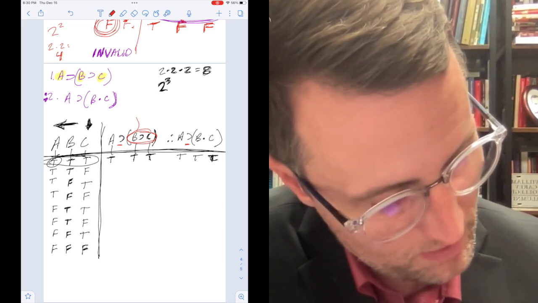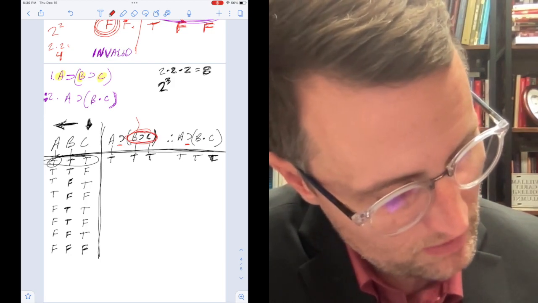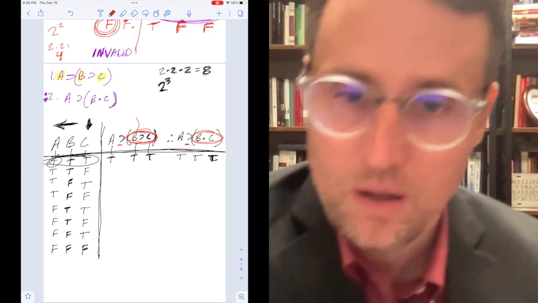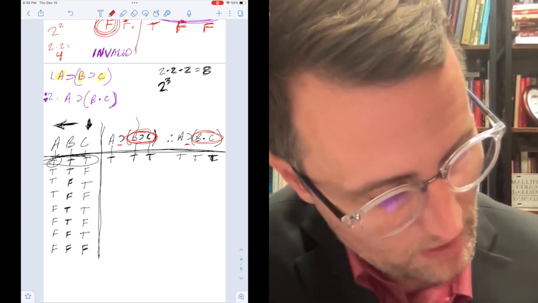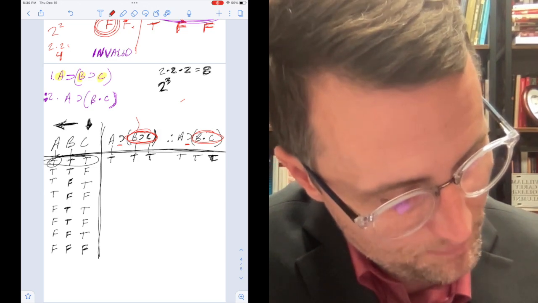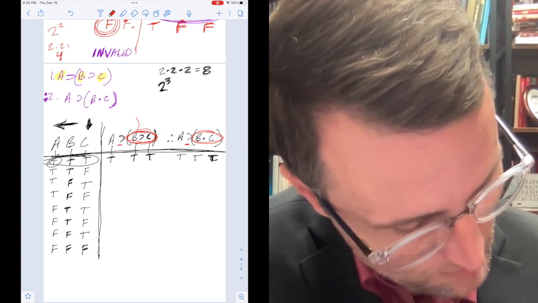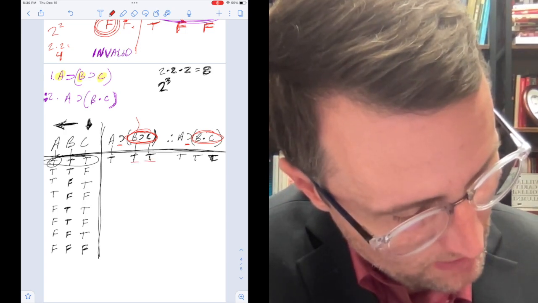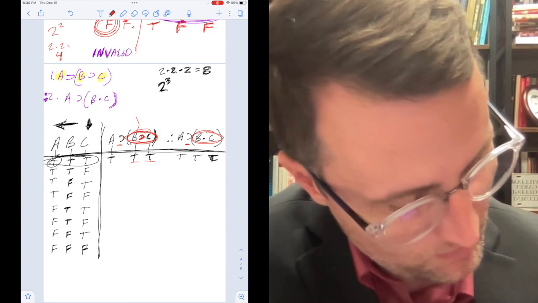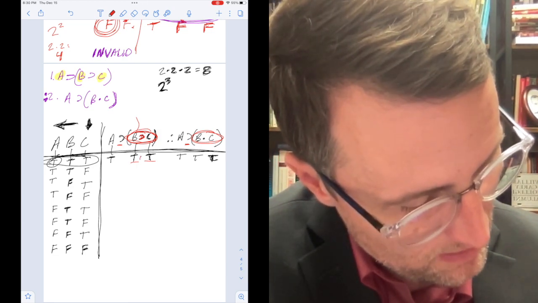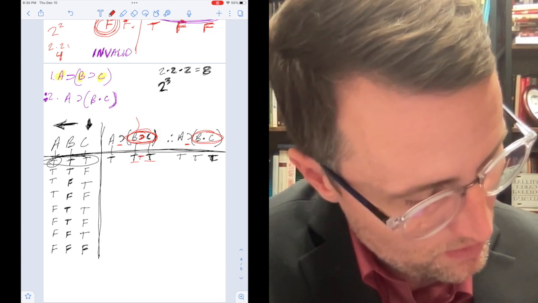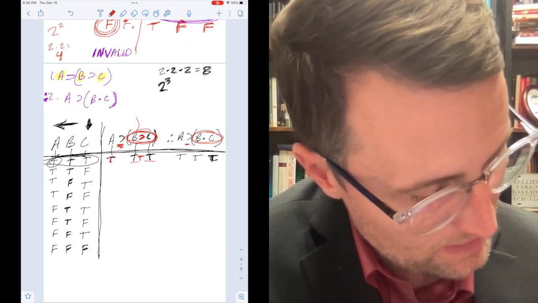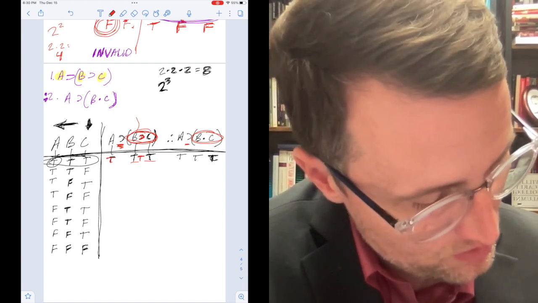So you start with these smaller compound statements that are in the parentheses here and work out. And so you have true with this. You have true with this horseshoe here. So that's going to give you a true here. And what's a true and a true with the horseshoe give you? That gives you a true.